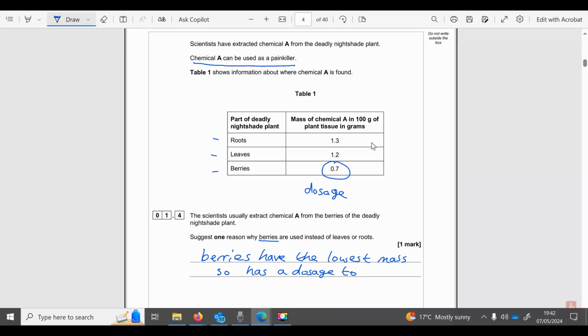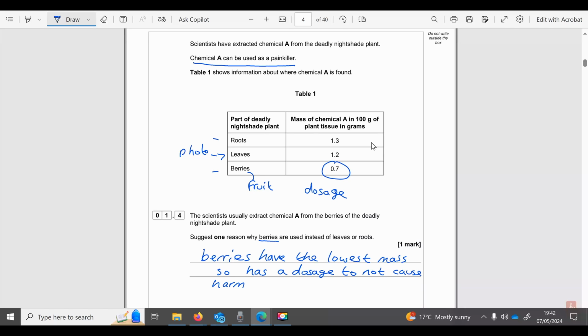What else could you say? Well, let's think about the other parts of the plant. The berries are only going to be there for fruit. That's its only purpose. The leaves are there to carry out photosynthesis, so they have a function. The roots are there for anchorage and to absorb water and mineral ions from the soil.